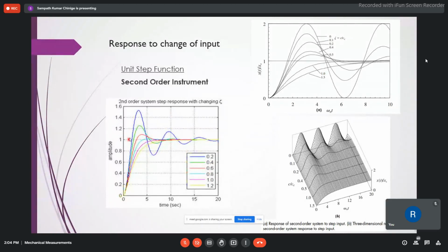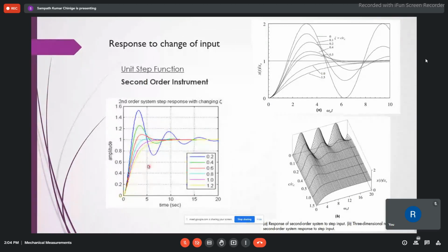For 0.4, the green color, you can see this, and then it becomes steady. And 0.6, the red one, settles immediately. And 0.8 is almost behaving like a first order system. But when you look at 1, that means it's critically damped. For that, there is a rise time and then it comes to a steady state. There will not be too many oscillations.